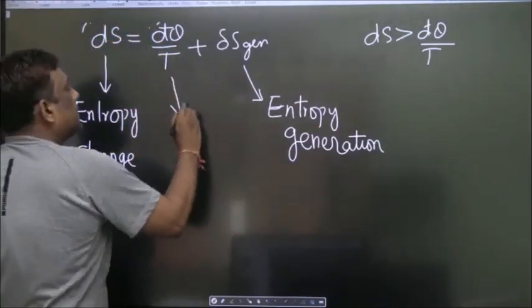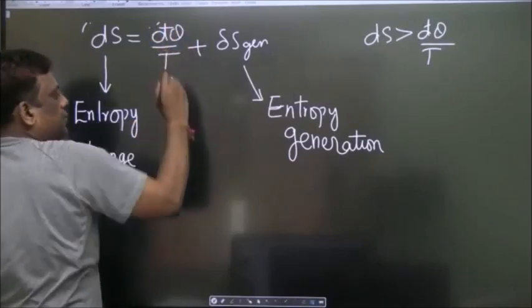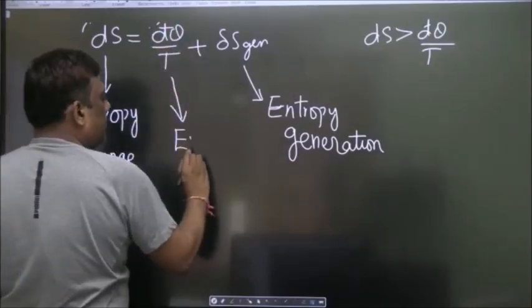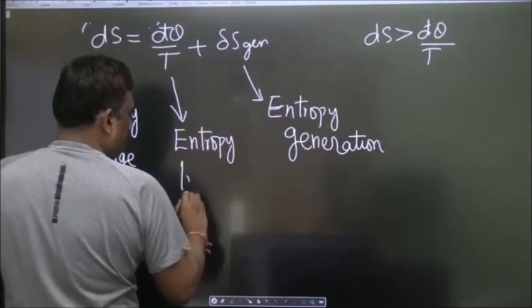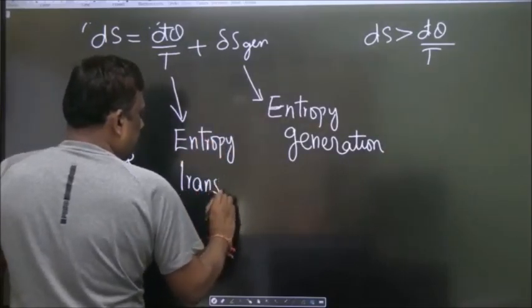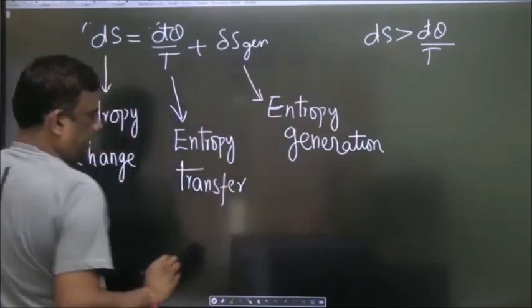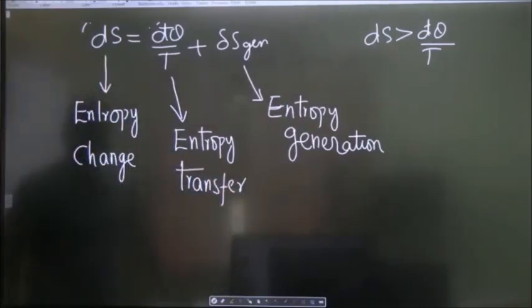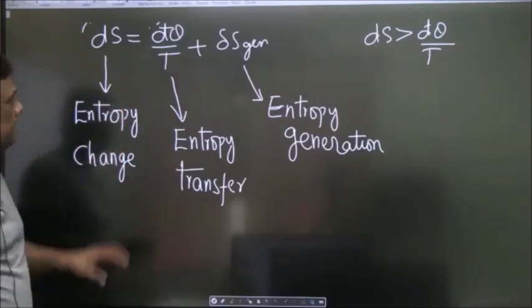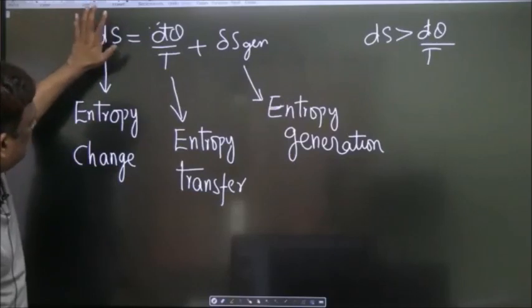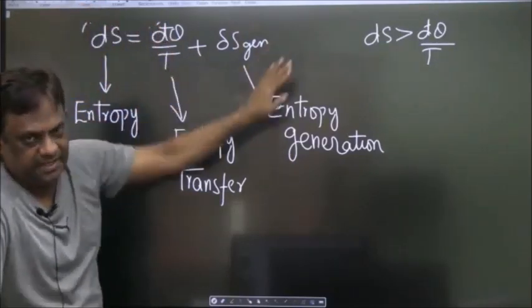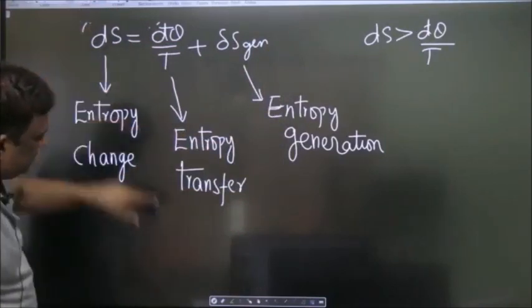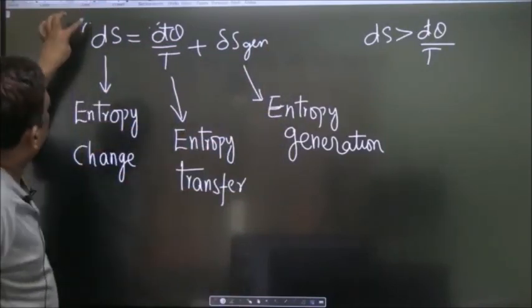That's why this total term, dQ by T, is known as entropy transfer. So all of you listen carefully. The entropy change is equal to entropy transfer plus entropy generation.